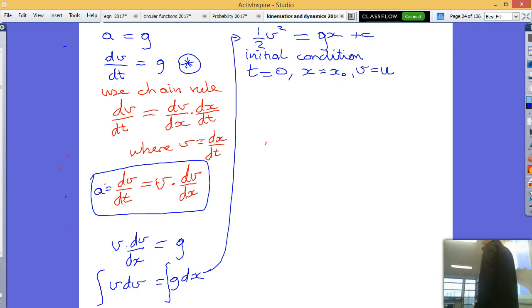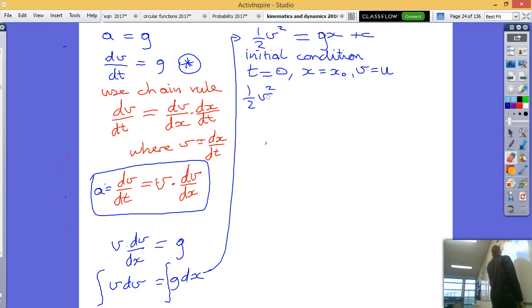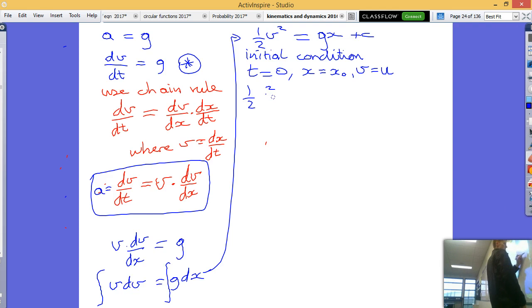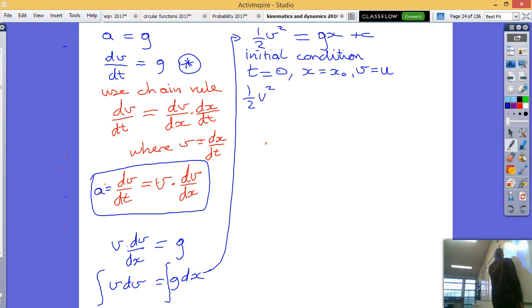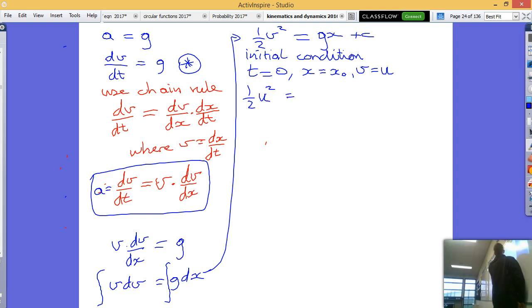So let's now apply that to this rule. We're going to get a half v squared, which is no longer v, it's called u in the initial position. A half u squared is equal to g times x naught, initial position, plus c.